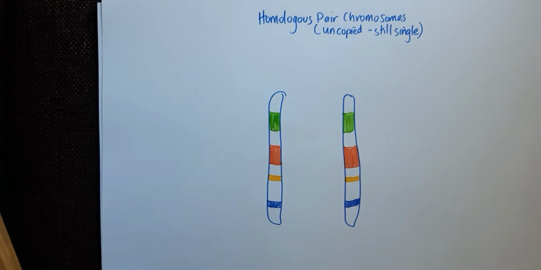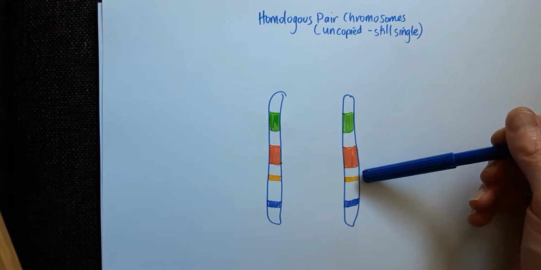So this ties into mutations causing variation. Okay, so what I've got here is a pair of chromosomes. They're still single, they haven't copied, and with the stripes on them, I know they look a wee bit like 1970s gym socks, but each of these different colours represents a different gene.